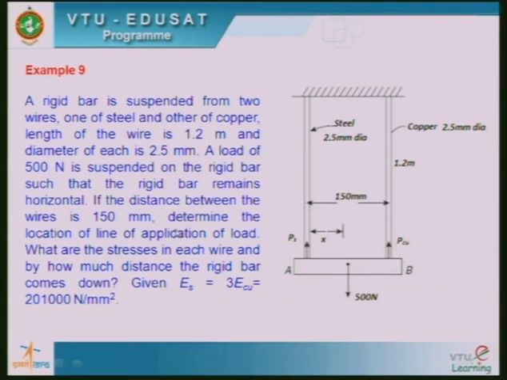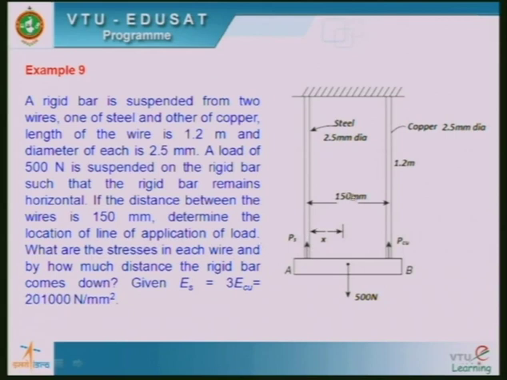Determine the location of the line of application of the load, means where this load should be applied on the rigid bar such that the rigid bar remains horizontal and does not rotate like this. So, you should find out x.